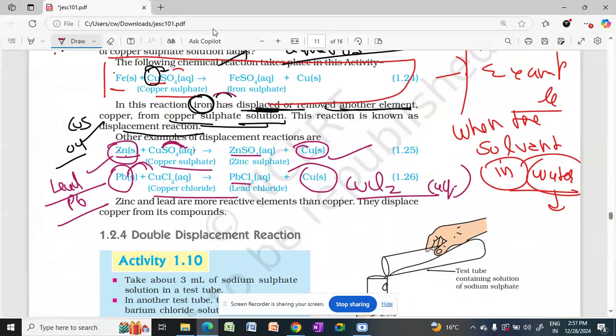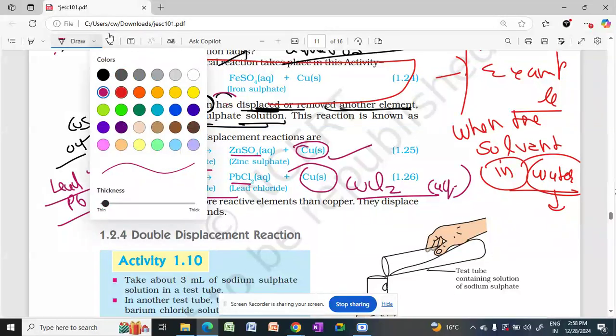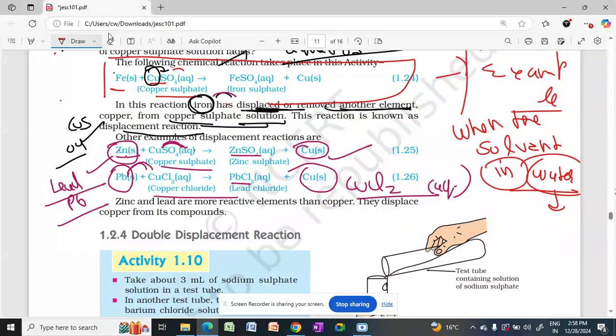So why is this happening? Why are they able to displace copper? This is the important question. Because zinc and lead are more reactive. For example, in any competition, your friend displaces you.